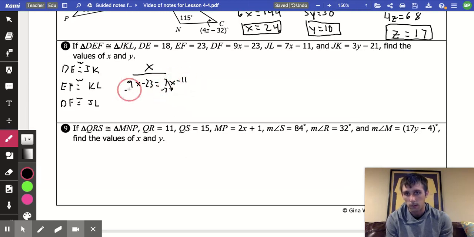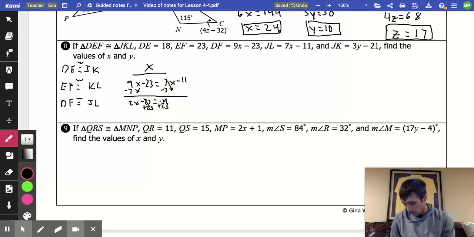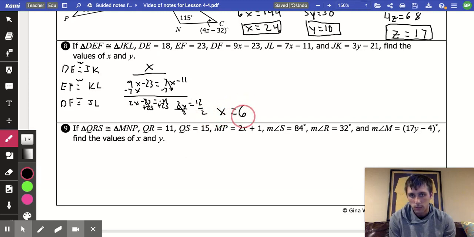Subtract 7x, 2x minus 23 equals negative 11. Add 23. So negative 11 plus 23. So 2x equals 12. Divide by 2. x equals 6. All right, so we now know what x is.